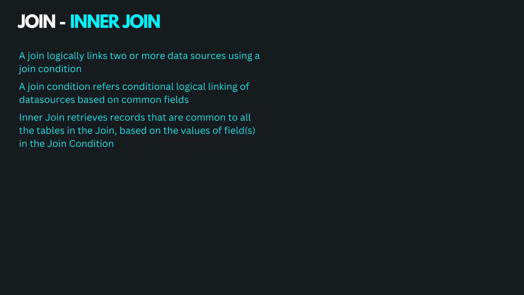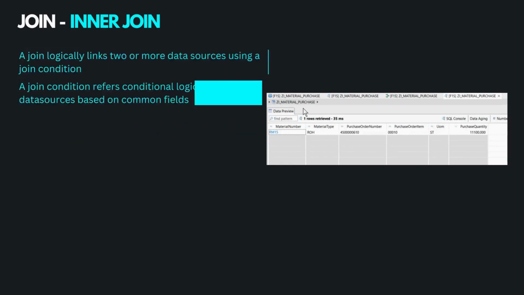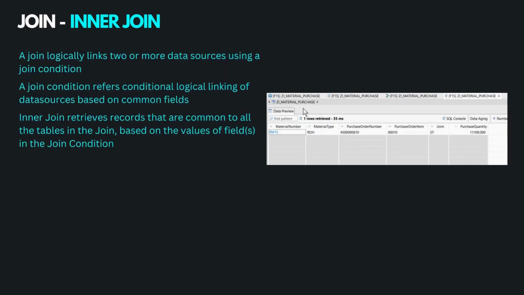An inner join retrieves records that are common to both the tables involved in the join. In our example, we had seen the material number RM15 had one record in the MARA table, and there was one record for this material in the EKPO table with this particular purchase order number. These two were then joined together using the inner join.